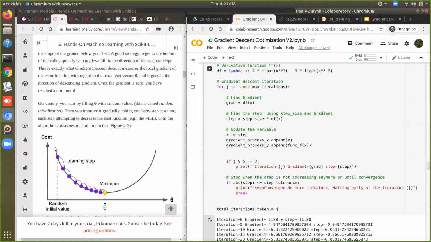Then our ultimate goal is to reach the minimum. So we have to take steps downwards. Even if we start from this side, we have to take steps downwards.